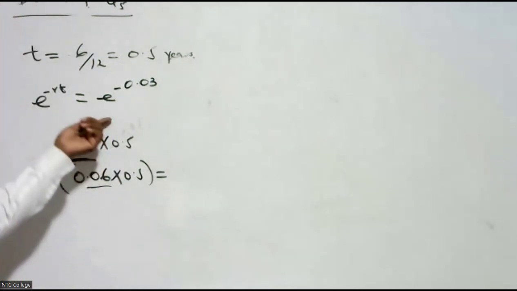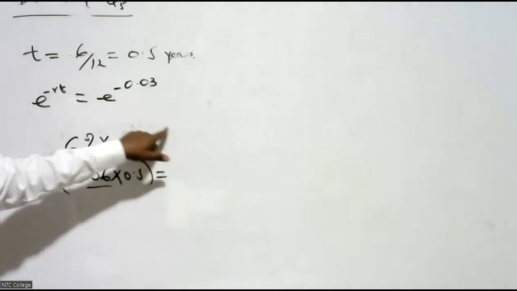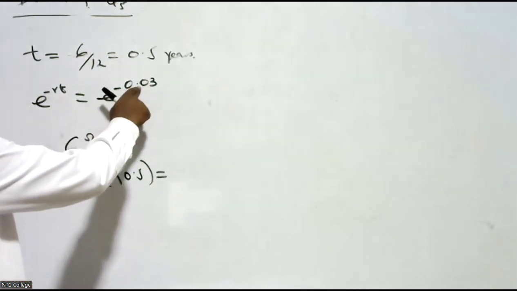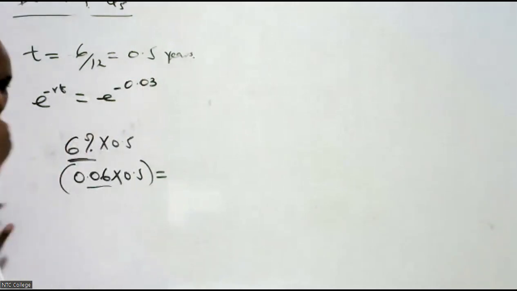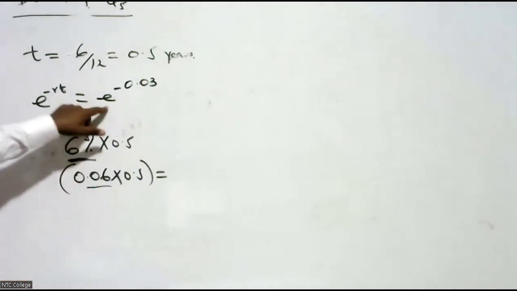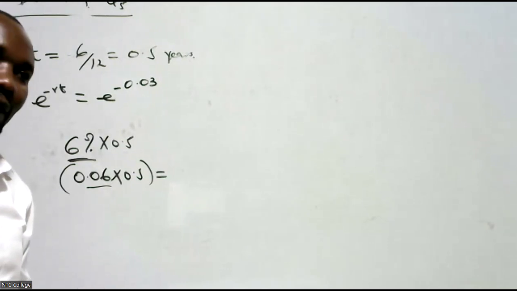Now, if you can see something that looks like this, press it, then put negative 0.03. What do you get? If you see this thing on the calculator, press it, then put that. What are you getting? Oh, shift, okay.